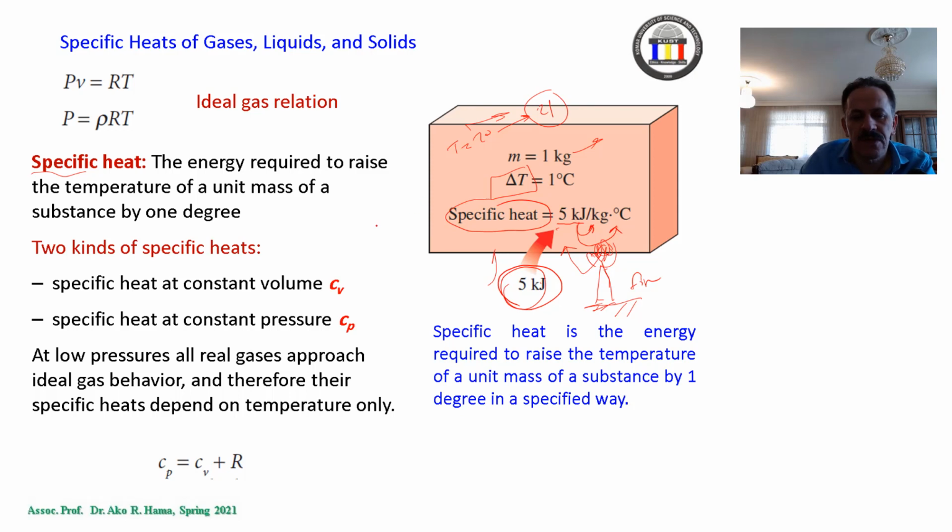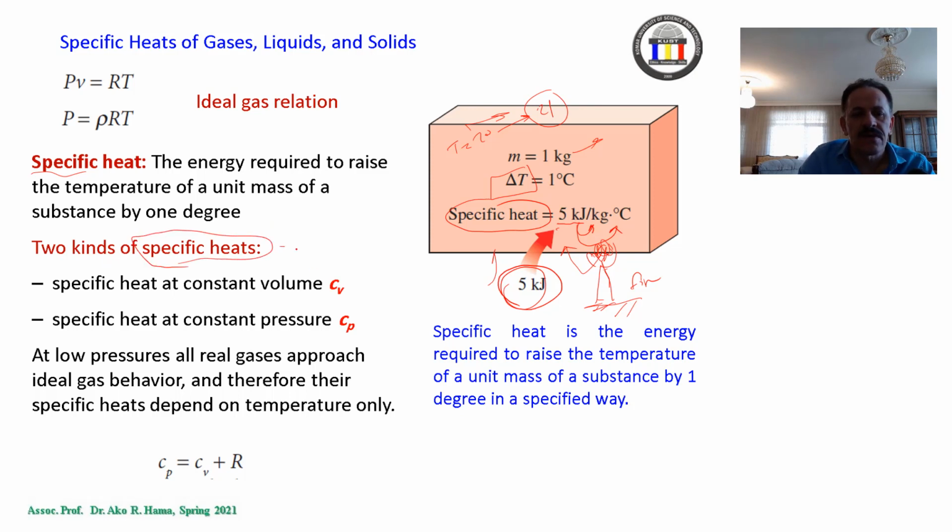So specific heat is the amount of heat that needs to be added to a certain mass to increase its temperature by 1 degree Celsius, for delta T. This is the meaning of specific heat. Now we have two types of specific heat.